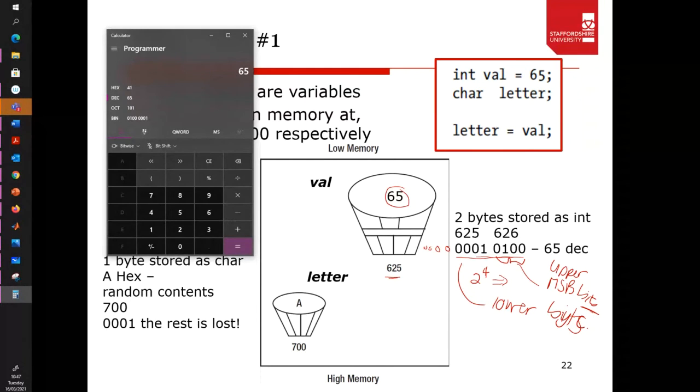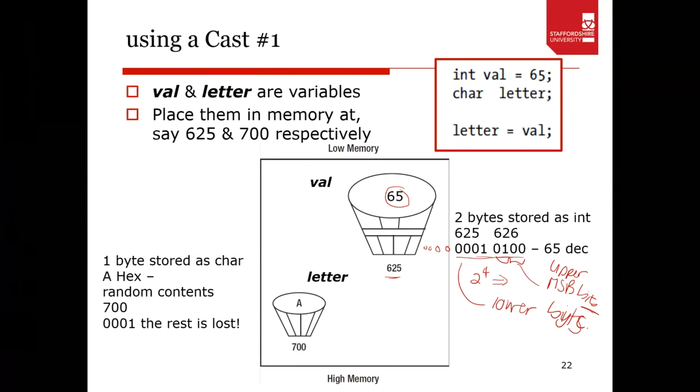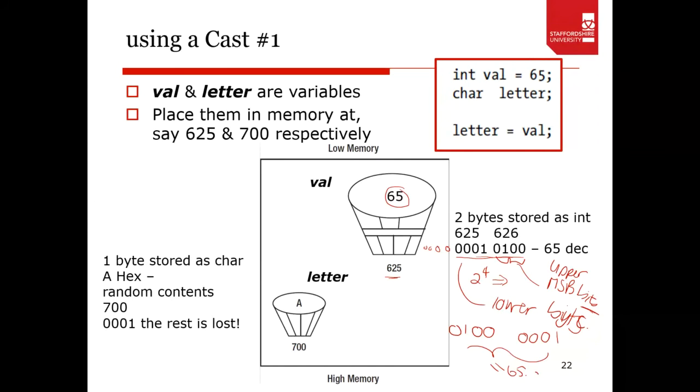So the actual answer, if we did it logically, would be 0, 1, 0, 0, 0, 0, 0, 1. That would be 65 in decimal, and this would be 625, and this would be 626. But we're showing it this way around.